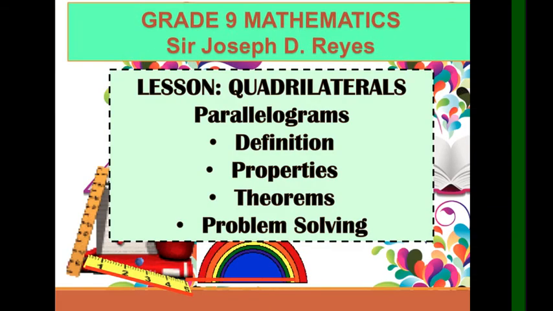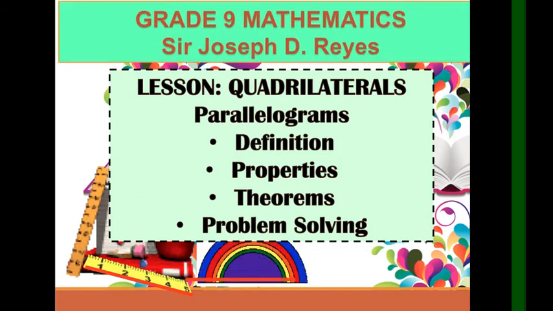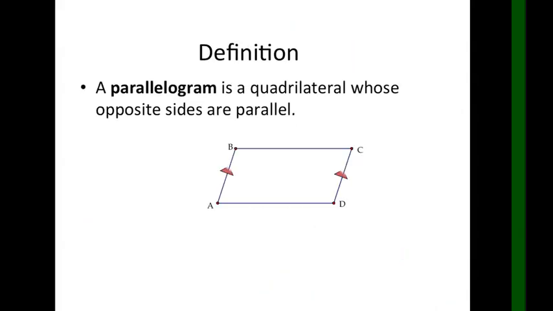Thanks, and now let's proceed to our main topic for today, which is all about parallelograms. A parallelogram is a quadrilateral whose opposite sides are parallel. So, as you can see dito sa figure natin, line segment BC and line segment AD are parallel lines.